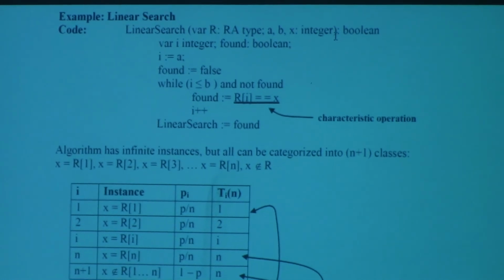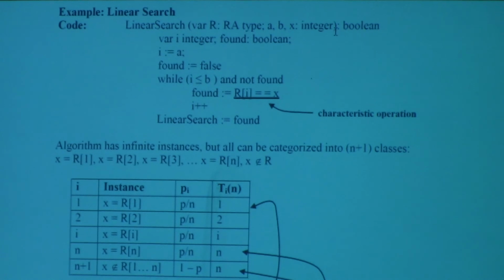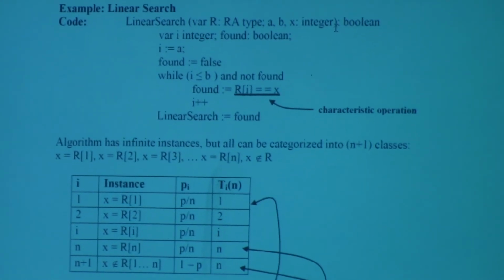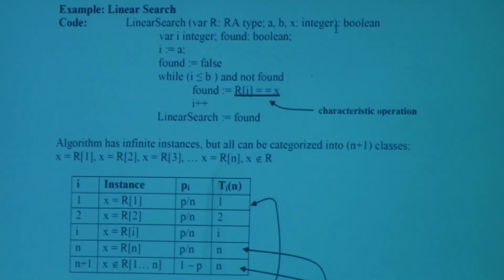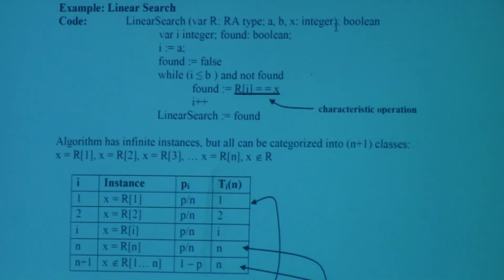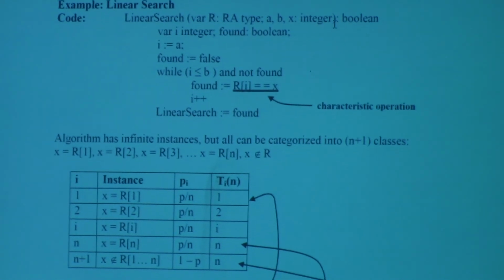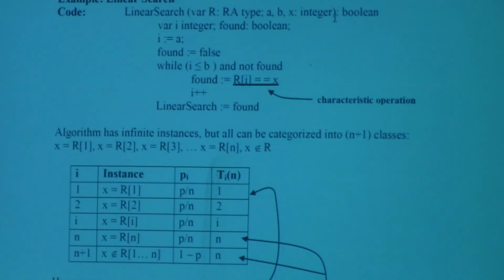Because I mismatched and I matched, so 2 comparisons. We call that comparison a characteristic operation. A characteristic operation is the definitive, clear, most important part of an algorithm. For bubble sort, it was the compare. Here, it's also the compare, because we're trying to search for something.